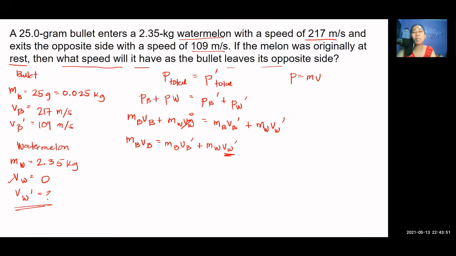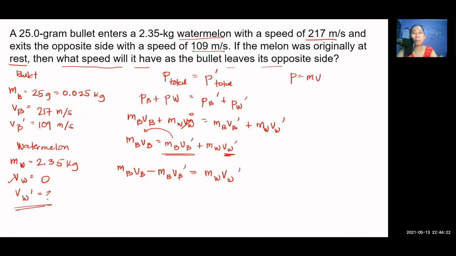So kung mapapansin ninyo, yung kasama ng w is itong term na ito. So, para lang tayo gumagamit ng algebra. Iti-transpose ko lang ito sa left side. Kapag tinranspose ko siya, magiging negative yung kanyang value. So, magiging ganito yung equation natin: mb vb minus mb vb prime.